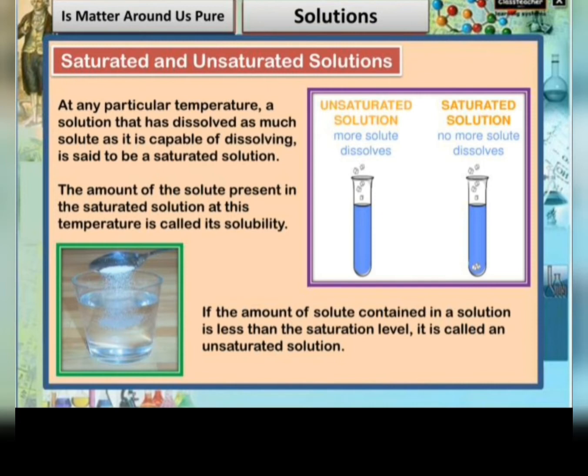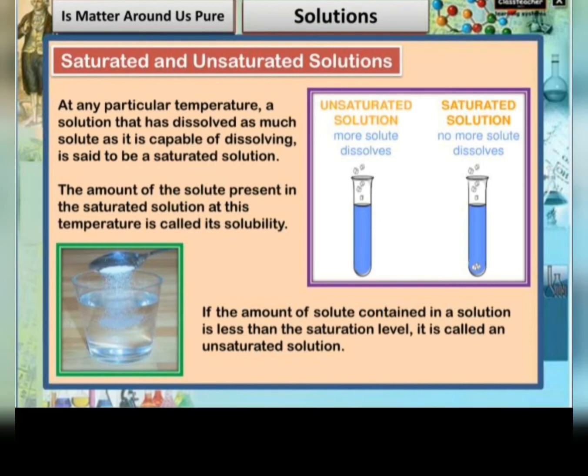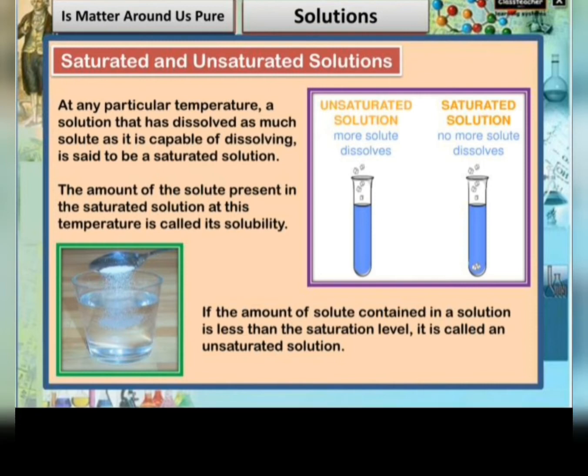For example, if you are having an aqueous solution of salt, without raising the temperature, you can dissolve more and more salt. So more salt can be dissolved without raising its temperature. Then at that point, this salt solution will be an unsaturated solution. So actually, an unsaturated solution contains lesser amount of solute than the maximum amount of solute which can be dissolved in it at that temperature.